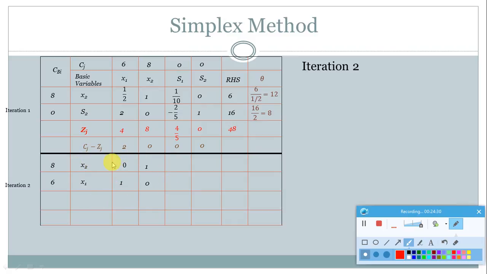So the square matrix will be like this: 0 1 1 0. The value 1 here will be obtained by performing this operation: row 2 new equals row 2 old divided by the key element. The key element was 2, so 2 upon 2 will be equal to 1. By performing the same operation for these cells, the values will be obtained.